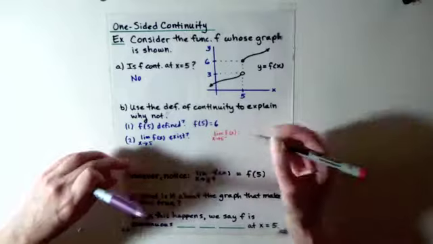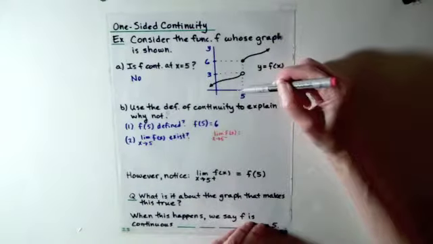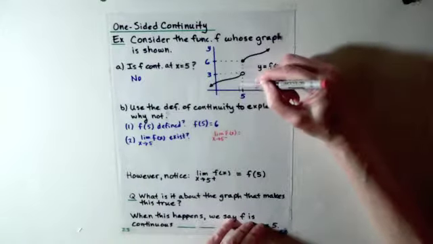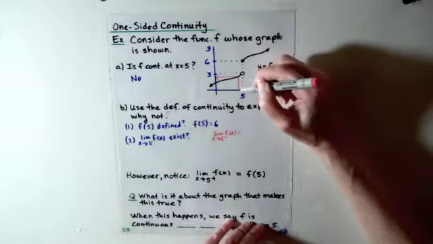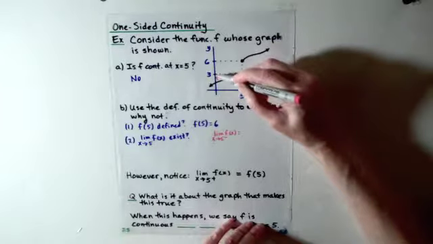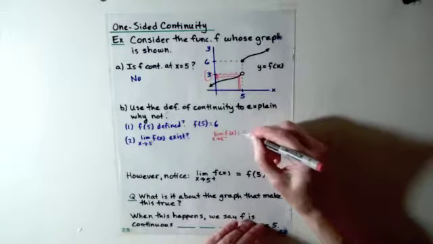So let's think for a moment about the limit as x approaches 5 from the left. That means I'm getting closer and closer to 5 from the left. And as I get closer to 5, it looks like the outputs are collecting around 3.